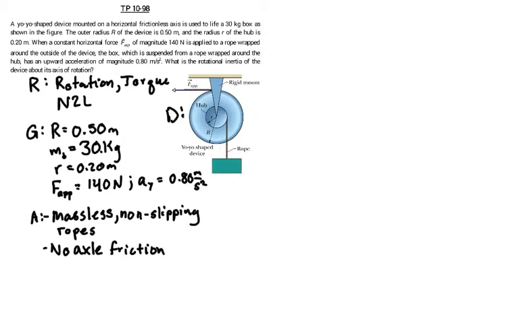We can't necessarily say no friction because we have to have perfect static friction along the rope, but we can say that we don't want any axial friction. So right here at the axle, we don't want any friction that would impose non-conservative work to be done, which would alter how much displacement we actually see.